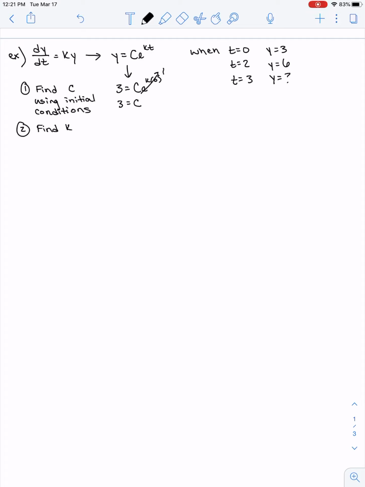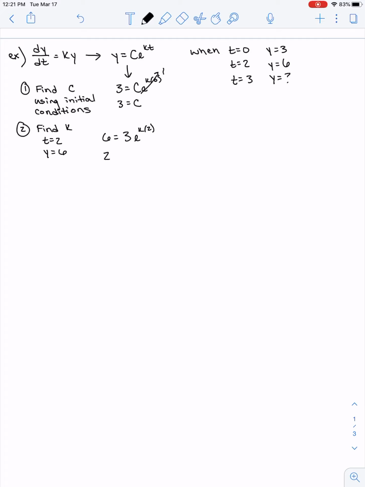So we need to plug in two different values to figure out what k is. So let's do, when t is equal to 2, we know y is equal to 6. So if we say 6 is equal to, we know that c is 3, then we have e to the k times 2, when time is equal to 2. Okay, so we can divide both sides by 3.